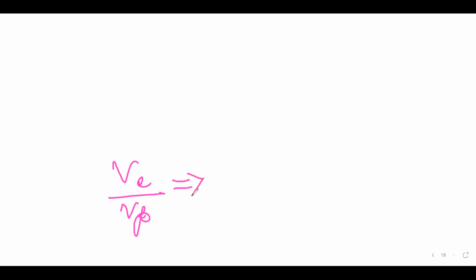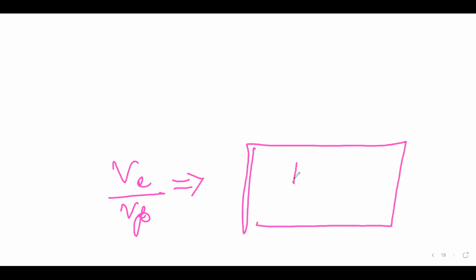Calculate the ratio between the velocity of the electron and the velocity of the proton if both are having the same wavelength. Is the question clear?